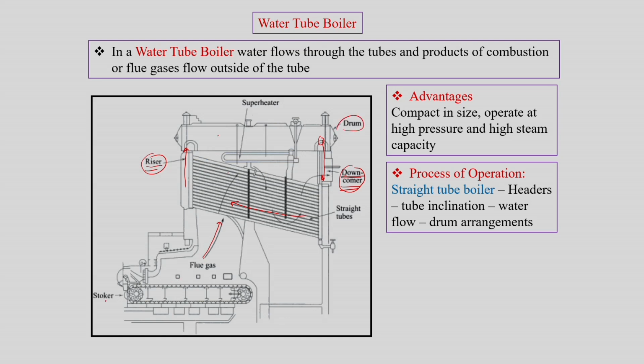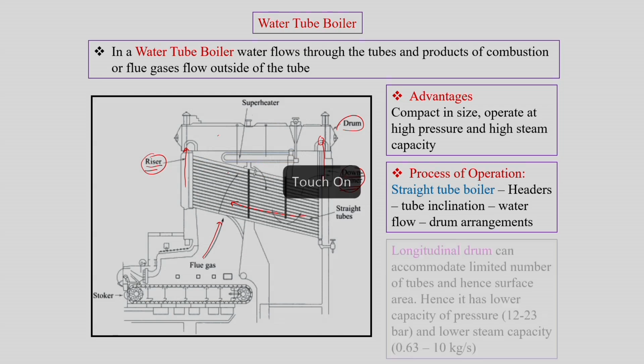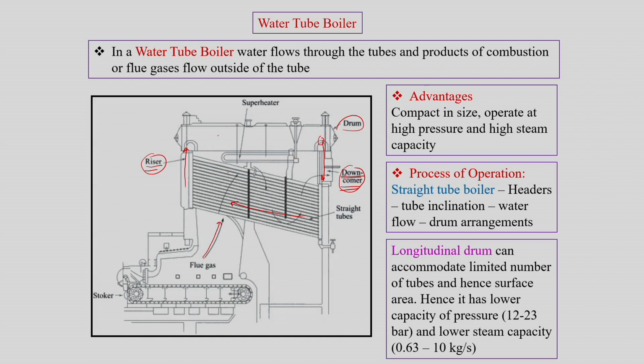Further, in the path of the gas, we will have the water tubes plus the superheater as well. Here we can have different arrangements of the drum. This arrangement, what we are seeing on the screen, is called the longitudinal drum, where the tube and drum are at least in a plane which are either parallel or on the same plane.